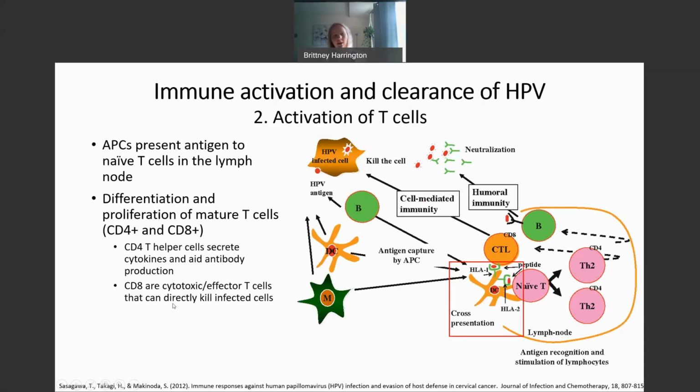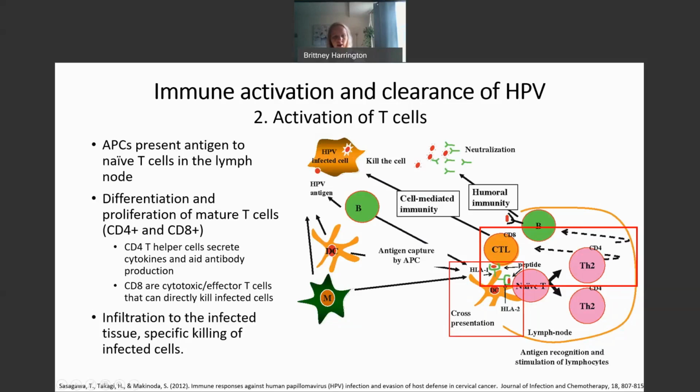The CD8 are the ones that directly kill the infected cells, and CD4 will help by secreting additional cytokines to recruit more immune cells and help with antibody production to neutralize the virus.